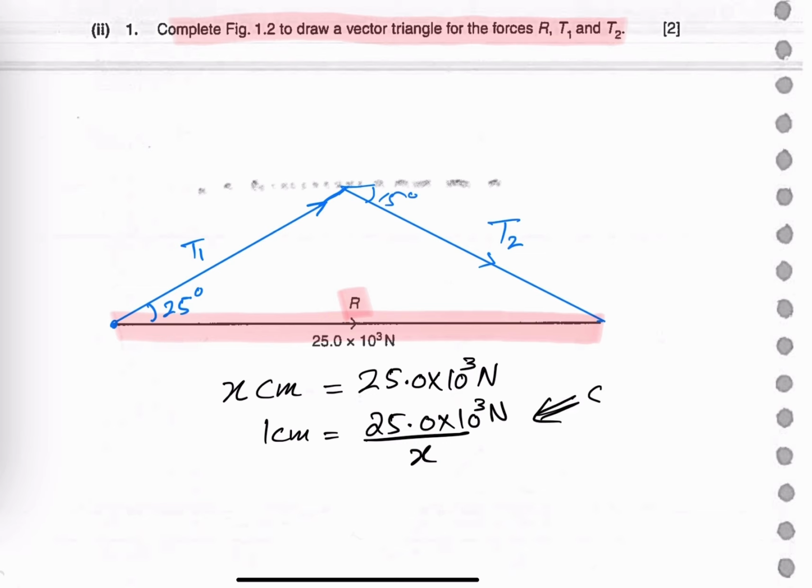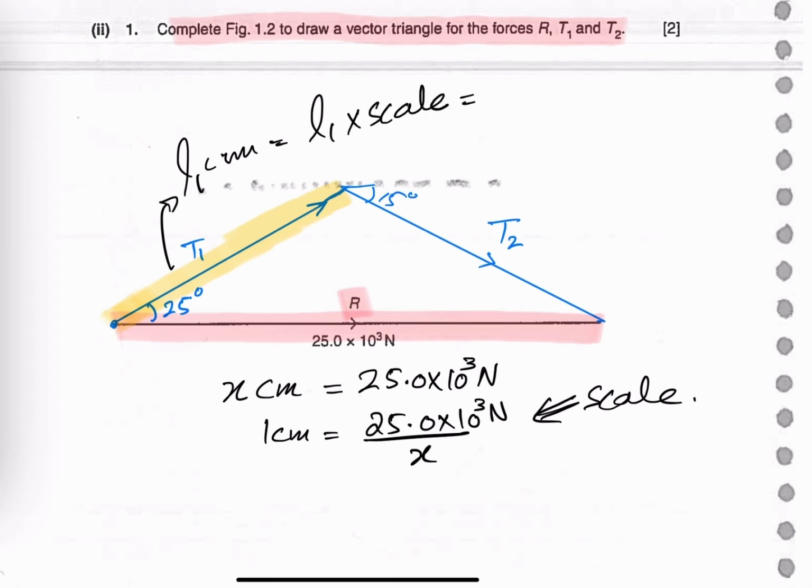From this you can get the scale, and then you have to measure the length of this line from here to this point. Let's suppose its length is L1 centimeters. You have to multiply this by the scale: L1 multiplied by the scale gives you the answer in newtons.